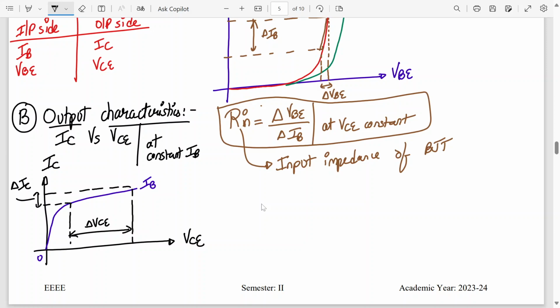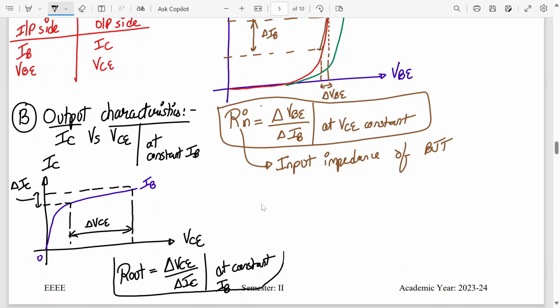So this graph will give me information about Rout, which is delta VCE upon delta IC at constant IB. Rout is nothing but the output impedance of BJT.